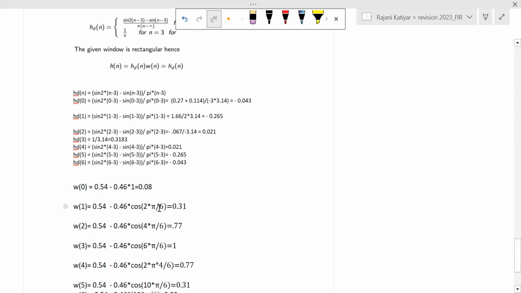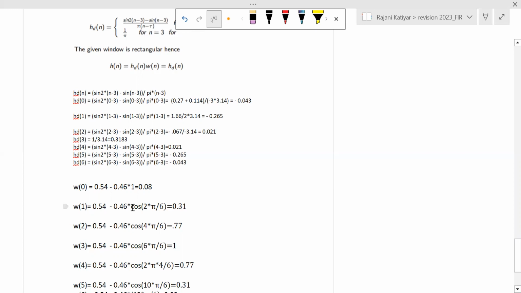The value of capital M here is 7, the filter coefficient length, minus 1. So the denominator throughout will be kept as 6, and the numerator coefficient of the cos function is 2π into n. As n is an integer value, we will keep varying n from 0 till 6. Here the coefficient for the windowing equation W1 is coming as 0.31.